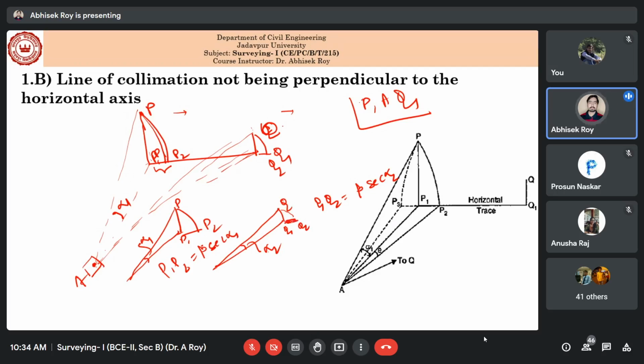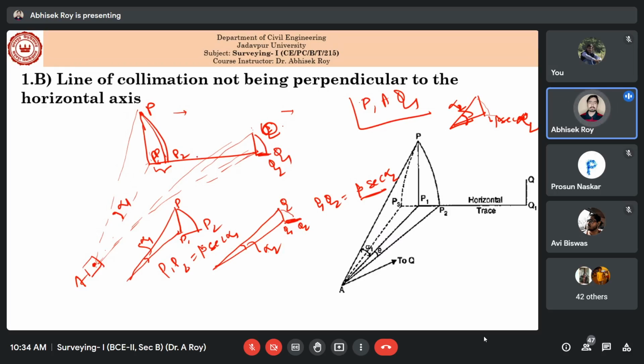Similarly here, the Q1 Q2 error will be beta sec alpha 2. So it depends on this angle, not only the error in the collimation but also this angle. If this one is alpha 2, then this error will be beta sec alpha 2. Similarly here the error is beta sec alpha 1.